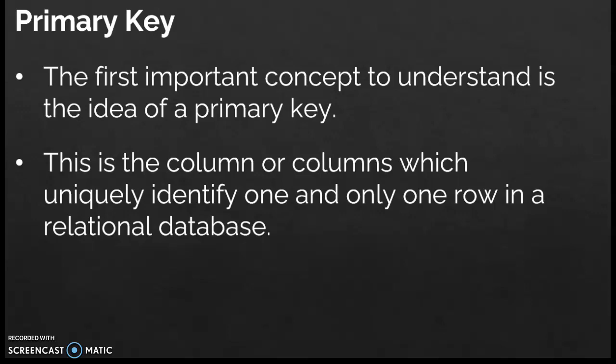So in the student table, which was the column that uniquely identified everyone? The student number, wasn't it? So you had 0001, 0002, 0003, and whatever numbers after that, and they uniquely identified each row in the relational database.